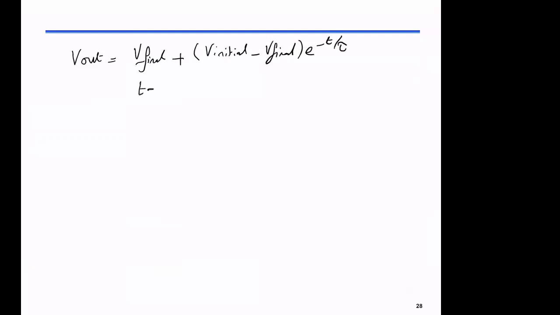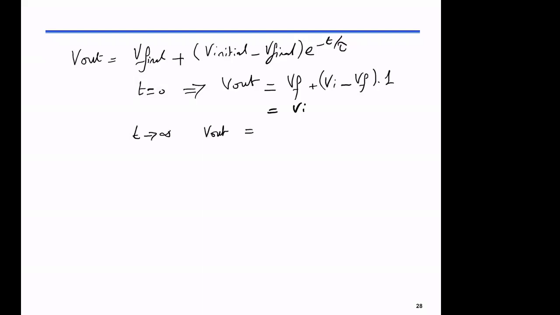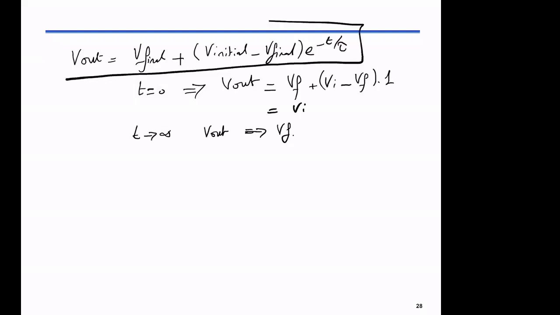Because at t equal to 0, V out will be V final plus V initial minus V final times 1, which equals V initial. And as t tends to infinity, V out tends to V final. This is an important equation that we need to remember.